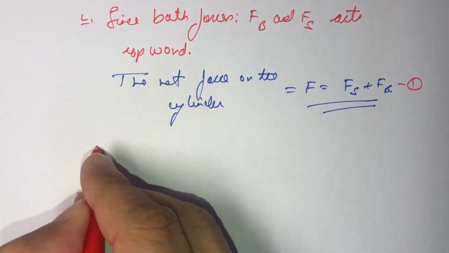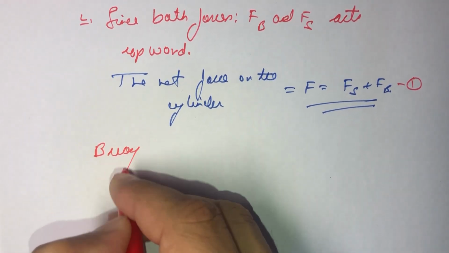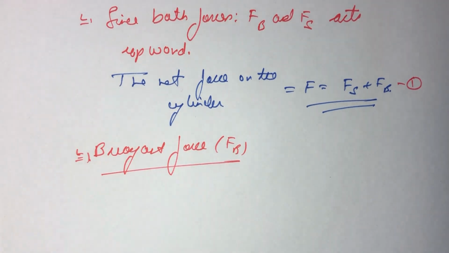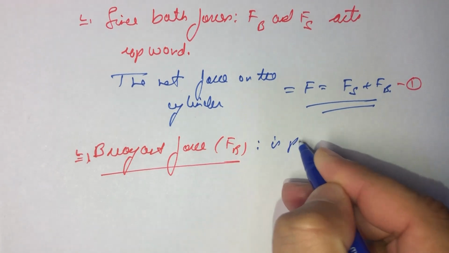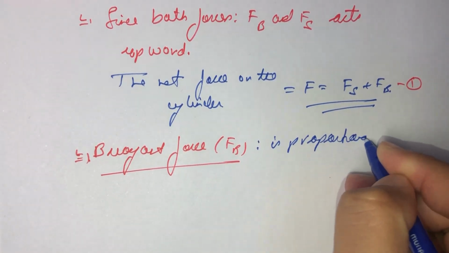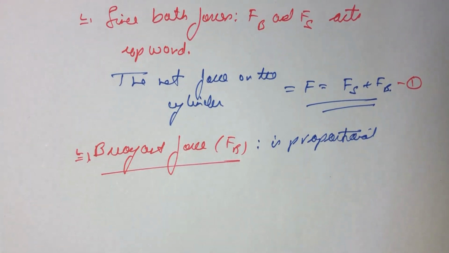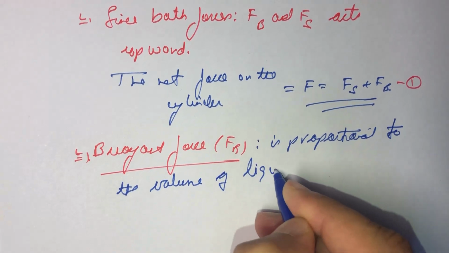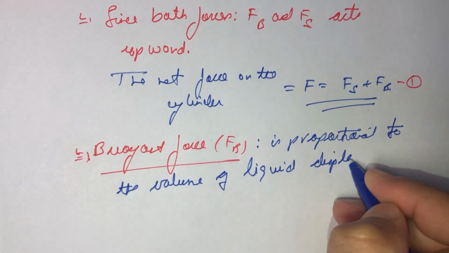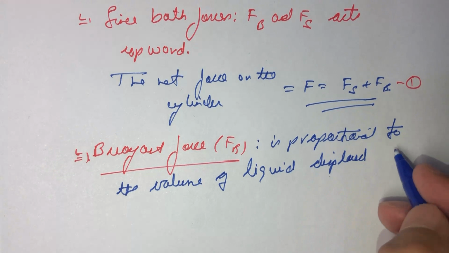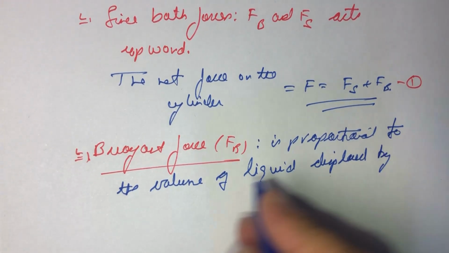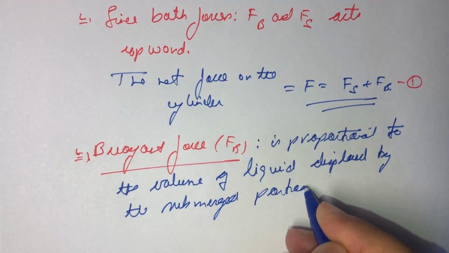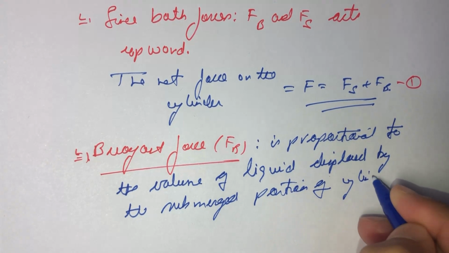We come to the buoyant force, that is Fb. So Fb, a buoyant force, is proportional to the volume of liquid displaced by the submerged portion of the cylinder, which is given as x.